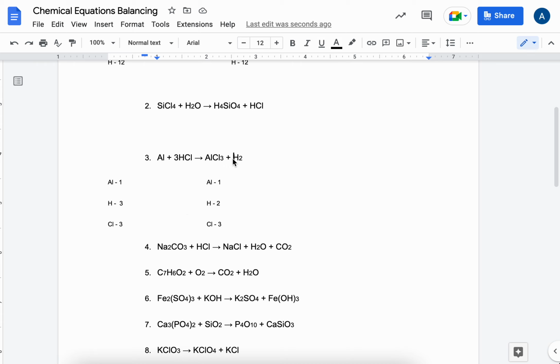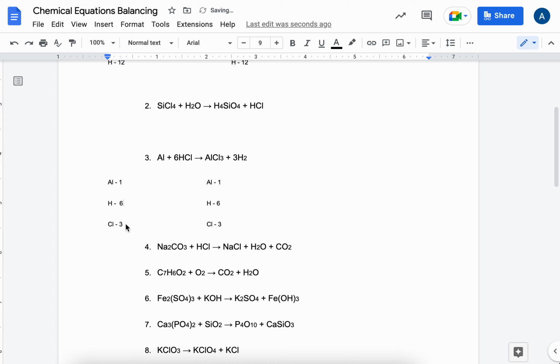Okay, so what times 2 will probably equal 6? Is 3 is the only answer. So we've got a coefficient of 3 now times 2. We've got 6 hydrogens overall. Let's go back and change our coefficient one more time on the reactant side.